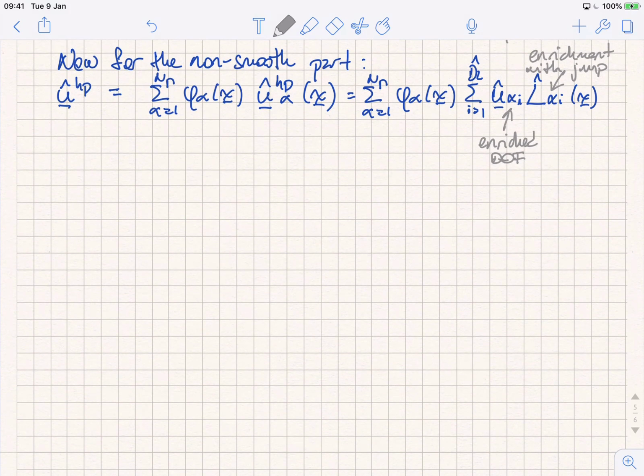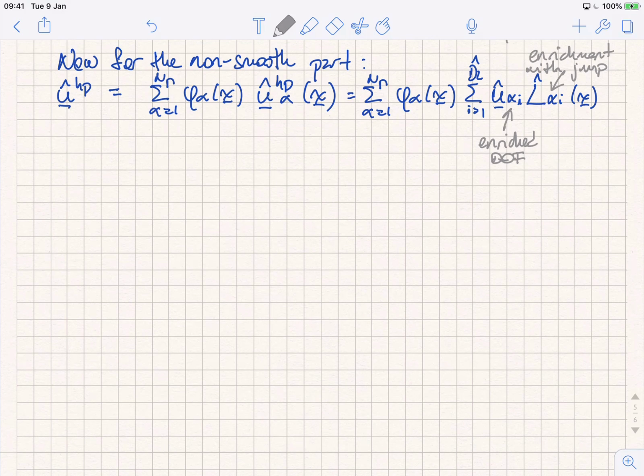What you said about H and P. In this case, P, you said it's referring to the enrichment or not? The P part, so I wrote UHP because I am thinking of creating an approximation that is used for the HP extension, where you can reduce the error in different ways.